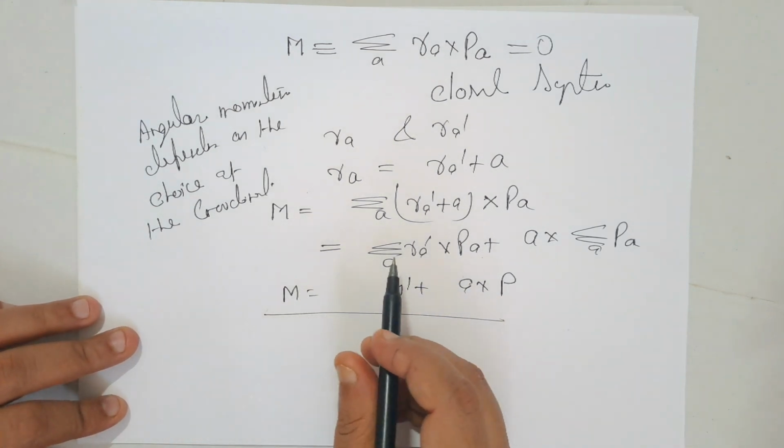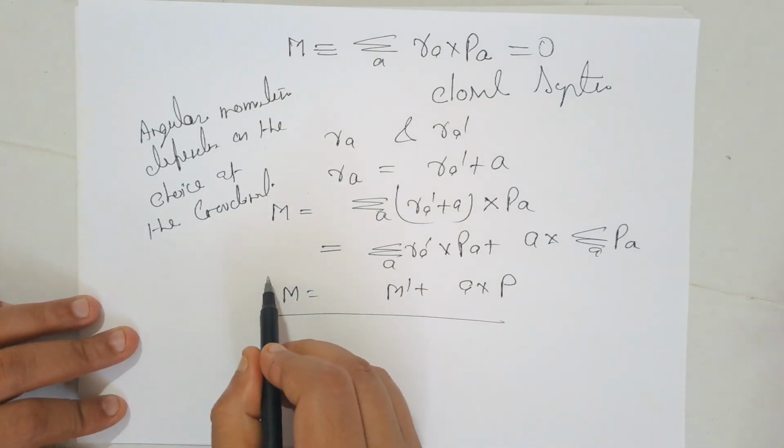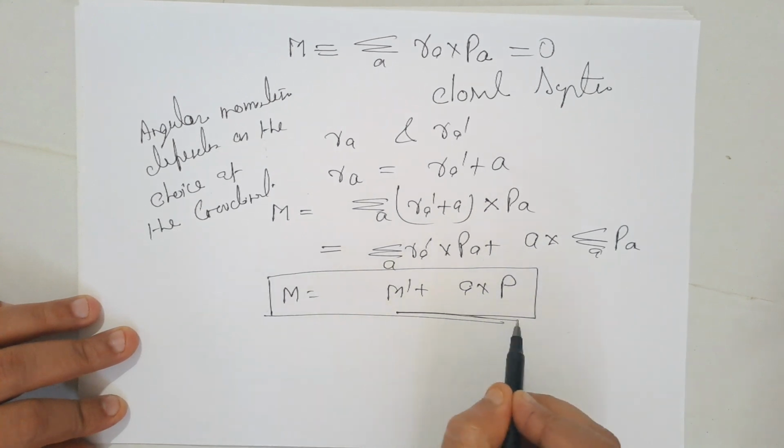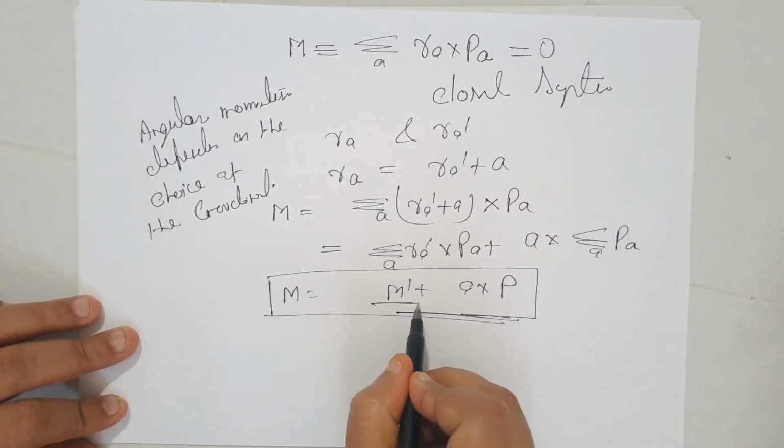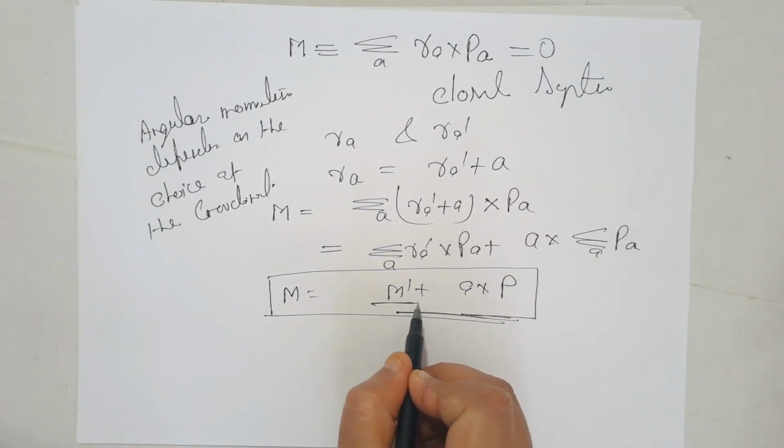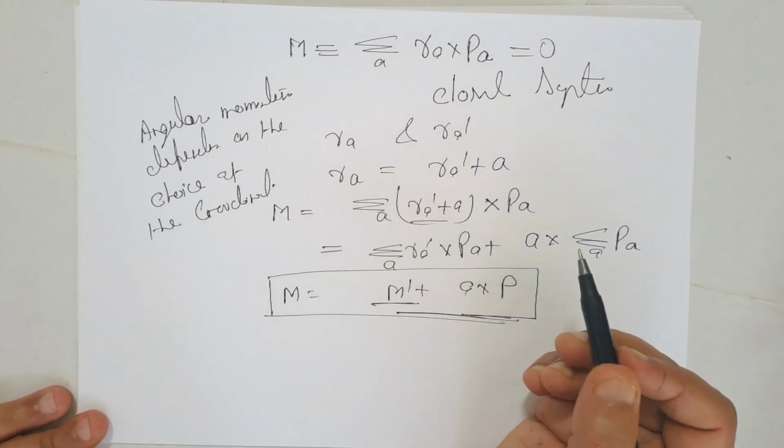If we take a different coordinate system, then angular momentum will also change. M dash is the angular momentum in which the radius vector is r_a dash.